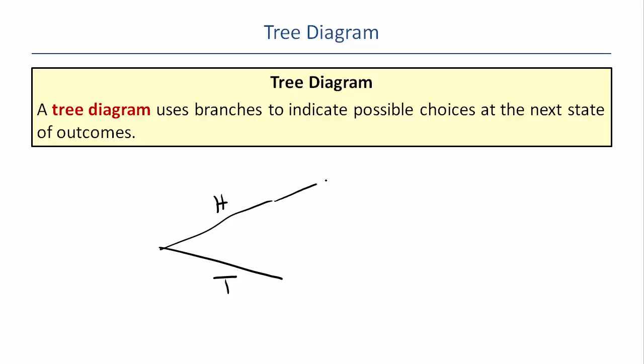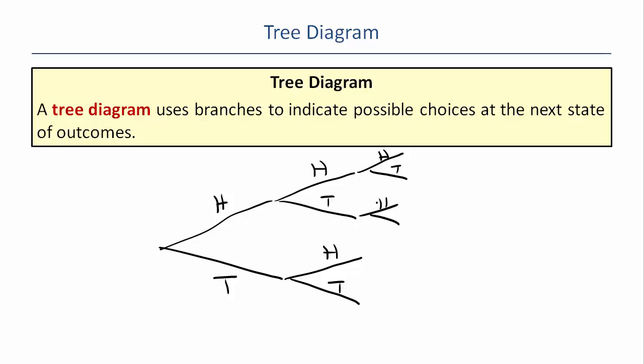And then your second flip for both of these is again heads or tails, heads or tails. And then the third flip, same thing, right? Heads, tails, heads, tails, heads, tails, and finally heads, tails.